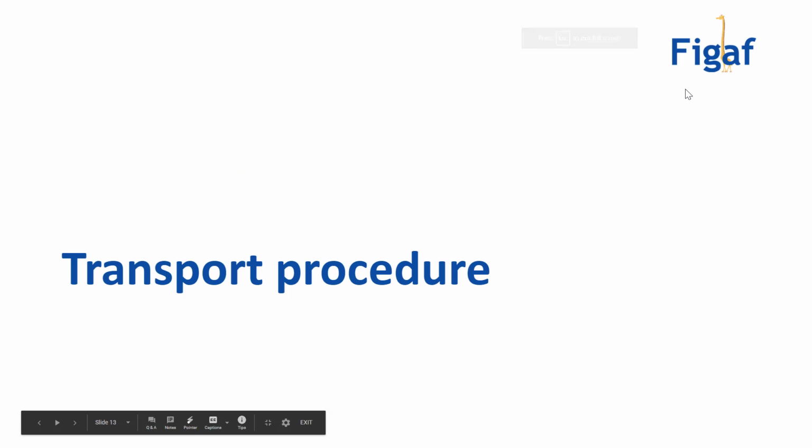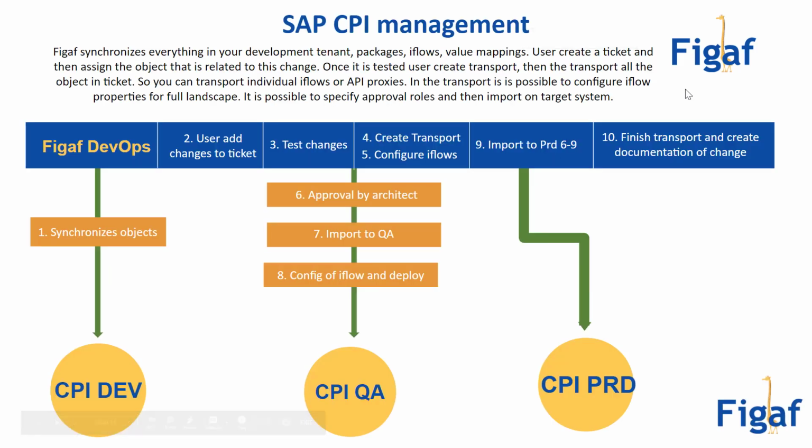So the transport procedures. With the FreeGap tool, one of the things it does is continuously download all your repository objects and give you versioning control of all the iFlows, packages, and value mappings that exist in the system.